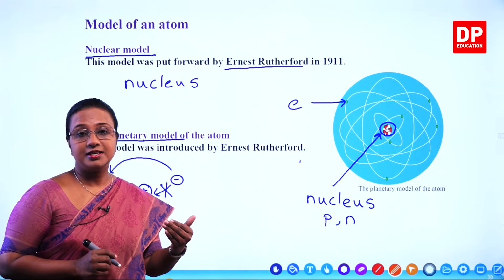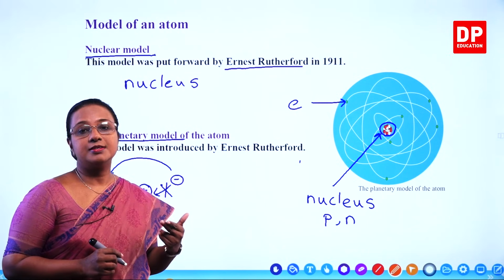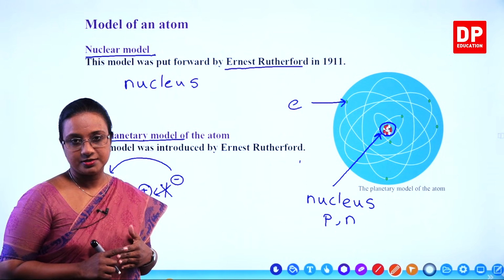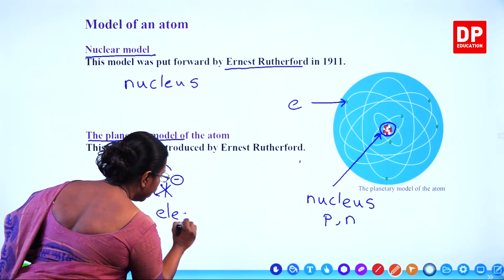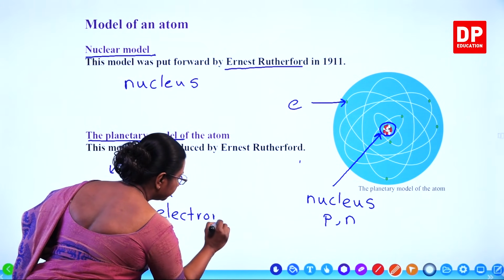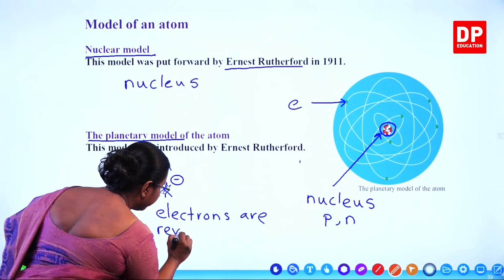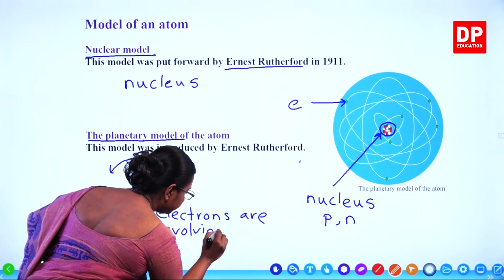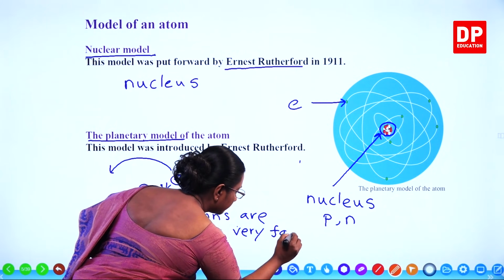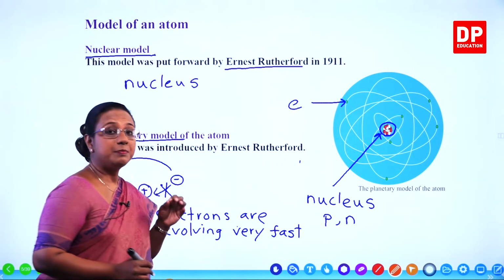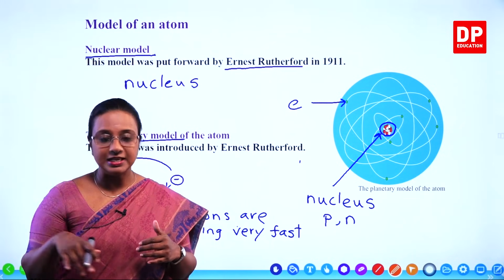The reason is that electrons revolve very fast around the nucleus. Because electrons are revolving very fast, the positions of the nucleus and the electrons are maintained.